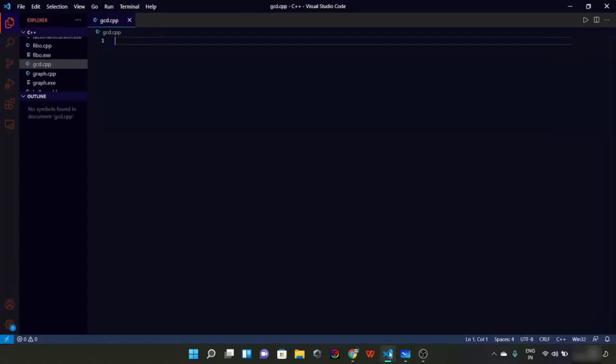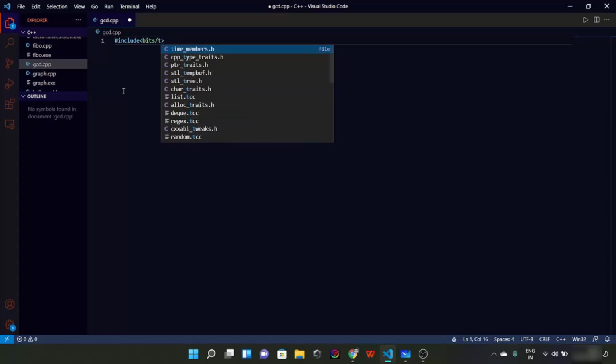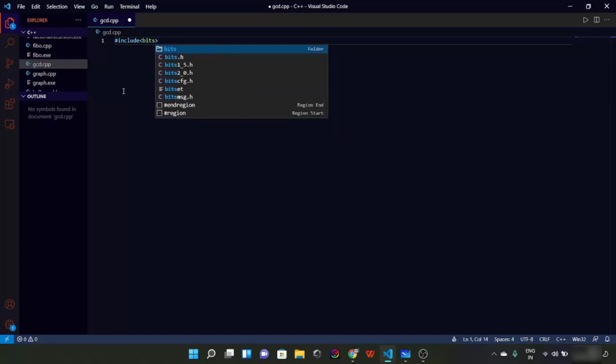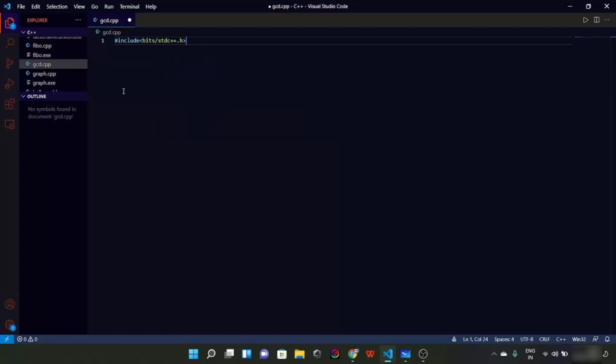Now let's try to do the coding part here. So let's first include the header file here. Now let's have our main function.